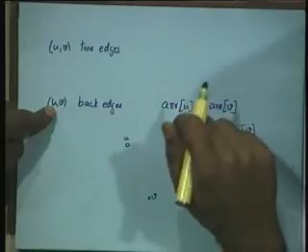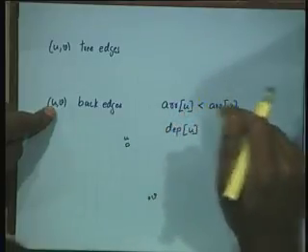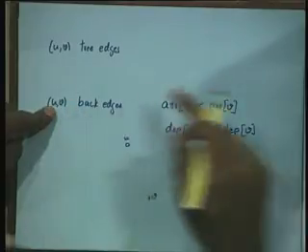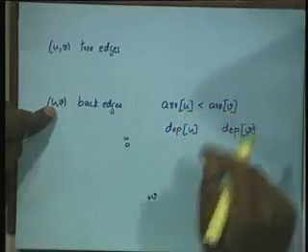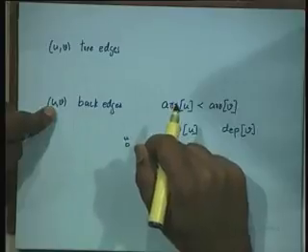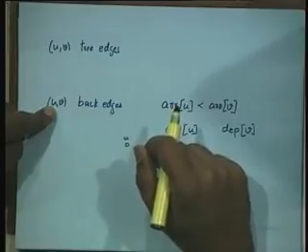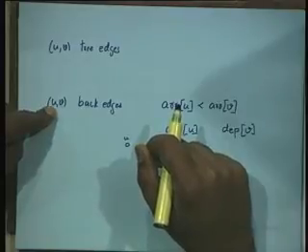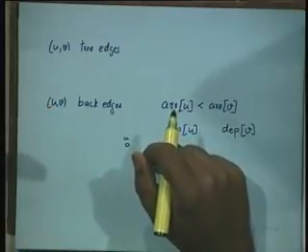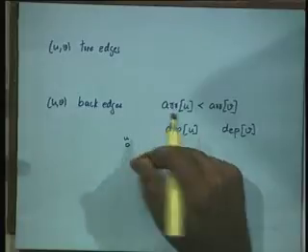Look, you reached u first, uv is a back edge, you reached u first and then you reached v. So, what does that mean? v is a descendant of u in the tree. uv is a back edge, so there has to be an ancestor descendant relationship between the nodes of uv. One has to be an ancestor of the other. Which is an ancestor of which?